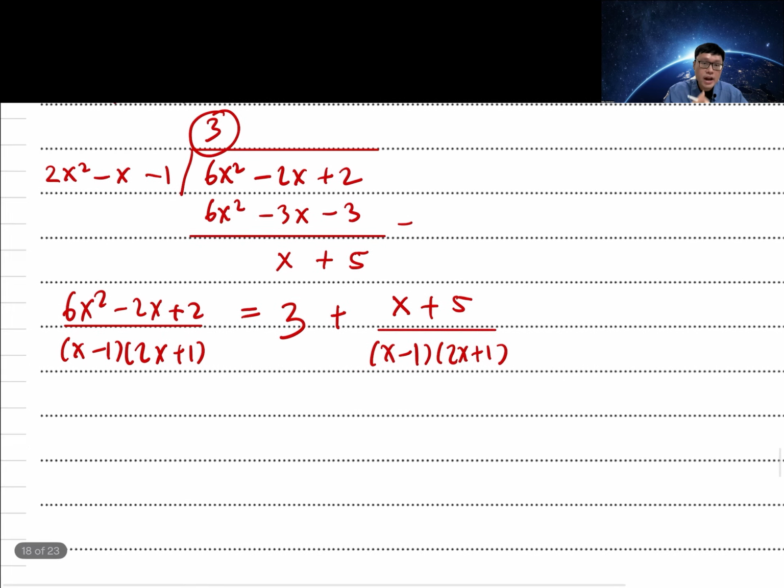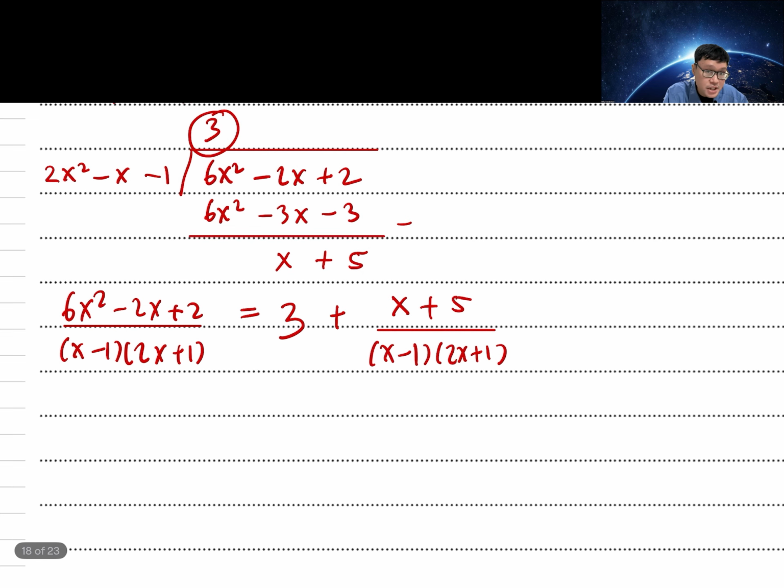So whenever you have an improper fraction, you can divide first to get a proper fraction, and then you can just do the partial fraction.